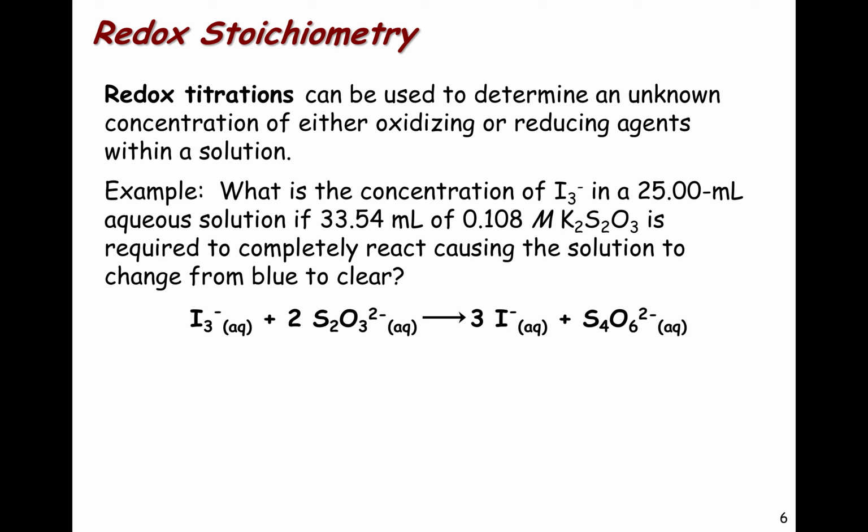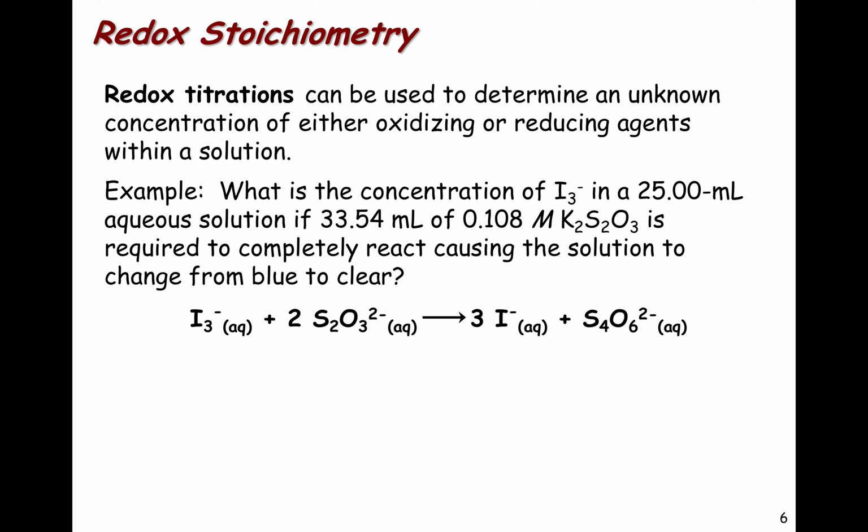As an example of a question, we have: what is the concentration of I3 minus in a 25 milliliter aqueous solution if 33.54 milliliters of a 0.108 molar potassium thiosulfate solution is required to completely react, causing the solution to change from a blue to a clear solution?